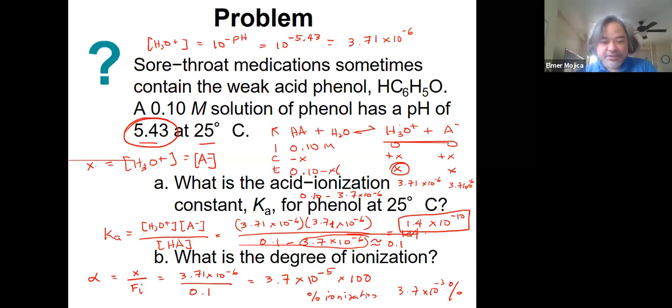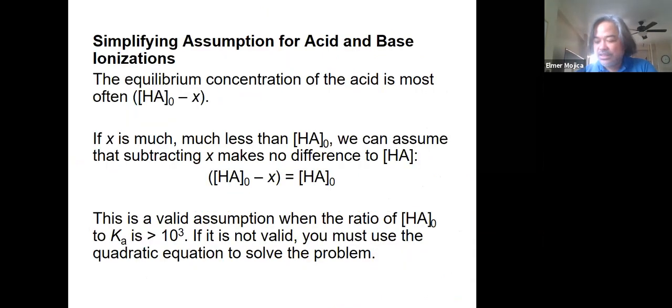There's another assumption we can make to simplify acid-base ionization. The equilibrium concentration of the acid is most often the initial concentration minus X. If X is much less than the initial concentration, we can assume that subtracting X makes no difference.